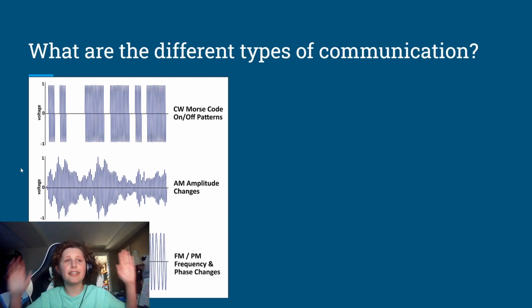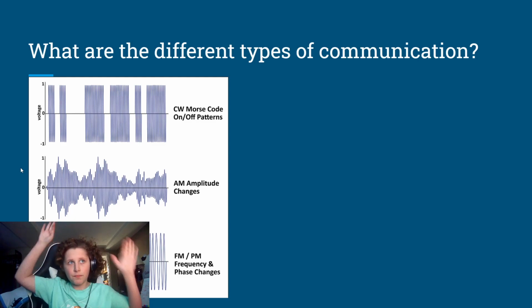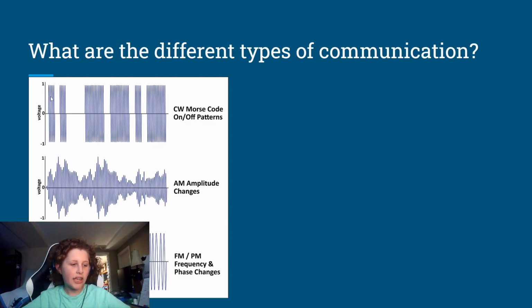The frequency stays the same throughout. It's just changing the amplitudes to get across that message. So you'll notice that all of these carry information in a different way. This one carries information directly through the waves itself. This one carries information kind of embedded into the wave. This one I haven't explained yet.